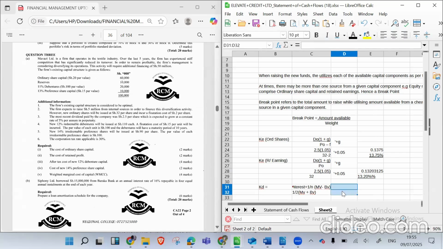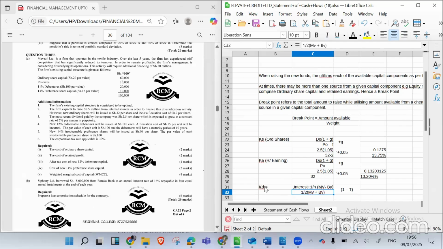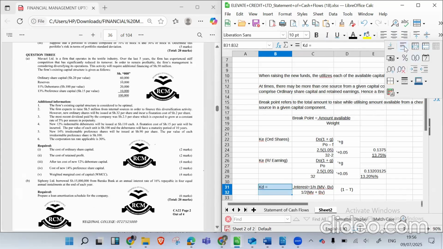And everything we adjust for tax, so into 1 minus t. So that is our Kd, the formula.